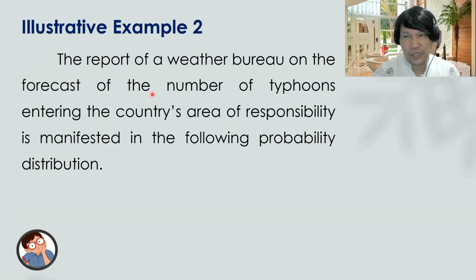Now, in this problem, we are dealing with the forecast on the number of typhoons entering the Philippine area of responsibility. There is a chance that there is no typhoon to enter. There is also a chance that in a certain month there is one typhoon. There is also a chance that there are two, three, or four.